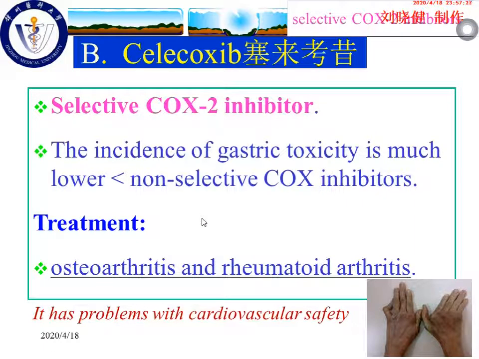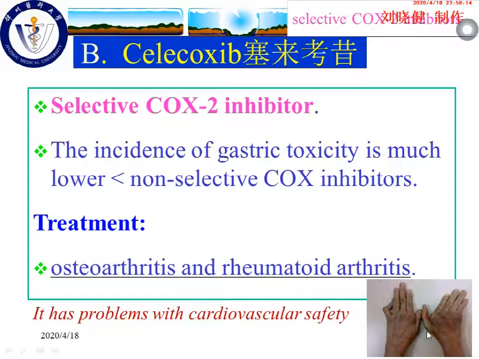Celecoxib. It is a selective COX-2 inhibitor. Because COX-2 is an inducible COX, much more related to inflammation, compared with non-selective COX inhibitors it has relatively fewer adverse effects related to COX-1. The incidence of gastric toxicity is much lower than with non-selective COX inhibitors. It is widely used to treat osteoarthritis and rheumatoid arthritis.